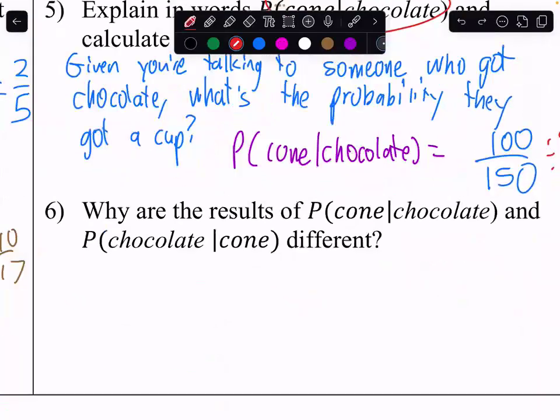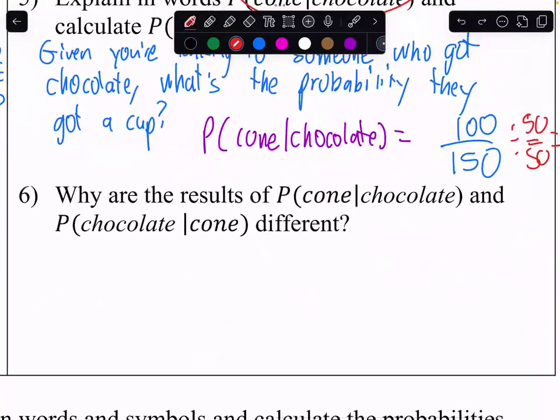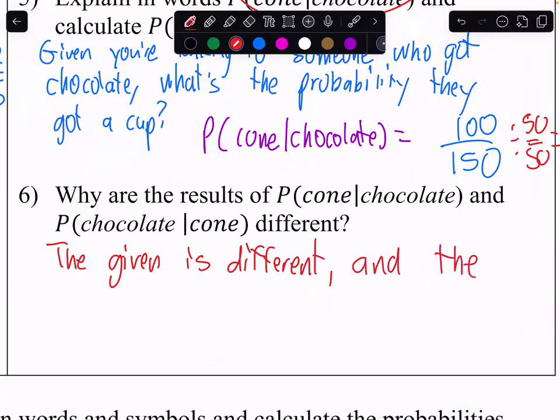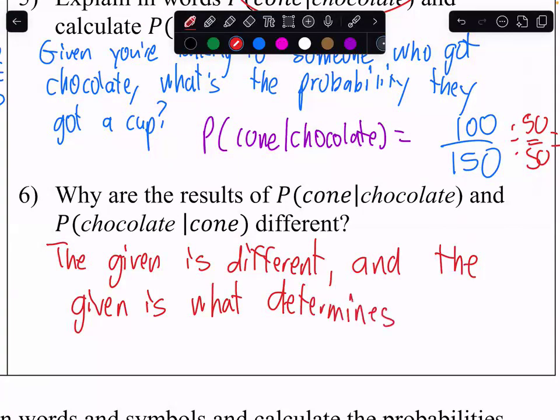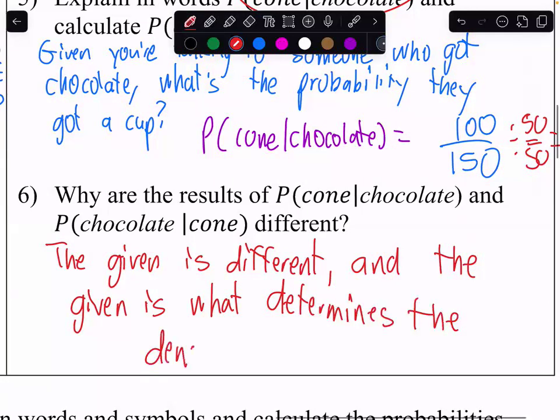Order definitely matters with conditional probability. So you want to know that the given is how you determine the denominator of your probability fraction.